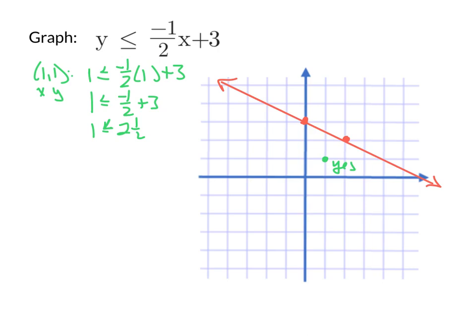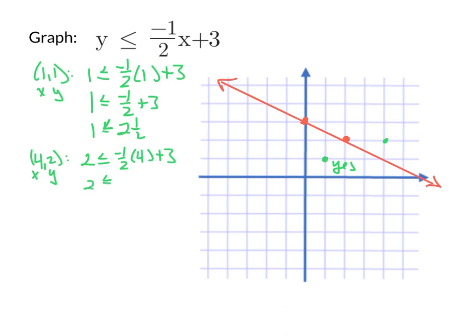If we tried another one on the other side of the line, maybe we tried 4, 2. That would be right here. If we take those values, where x is 4 and y is 2, and plug that in, we'll have y is 2 is less than or equal to negative 1/2 x plus 3, where x is 4.